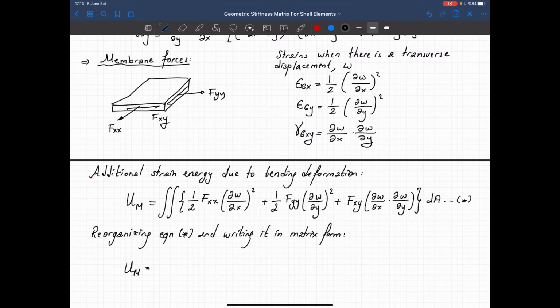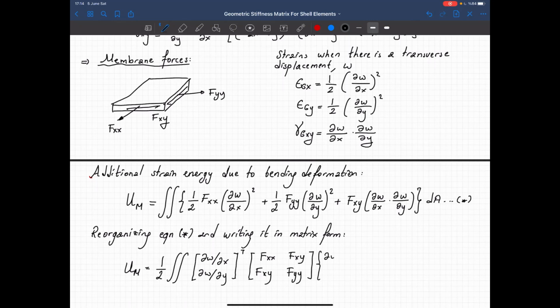UM is equal to 1 over 2 double integral of del W over del X, del W over del Y, transpose, times the matrix Fxx, Fxy, Fxy and Fyy, times del W over del X, del W over del Y, integrated over the area.